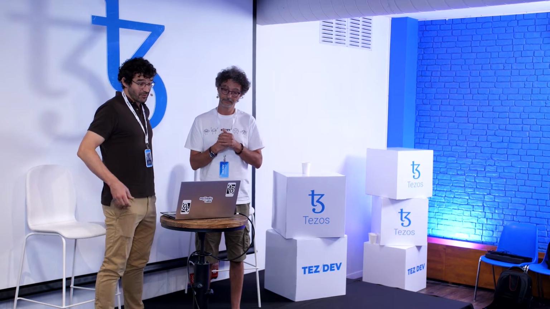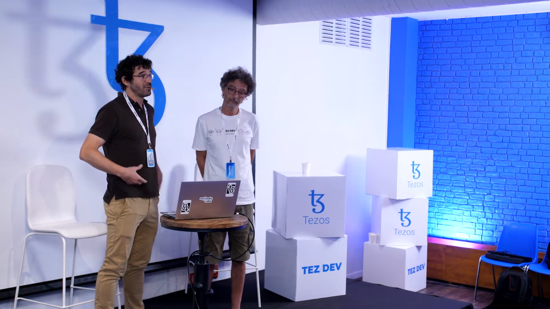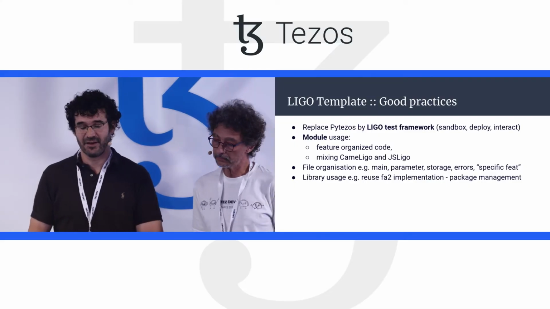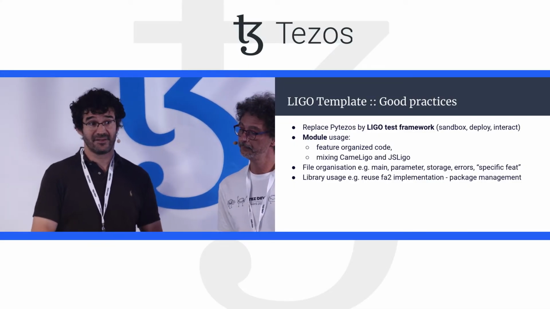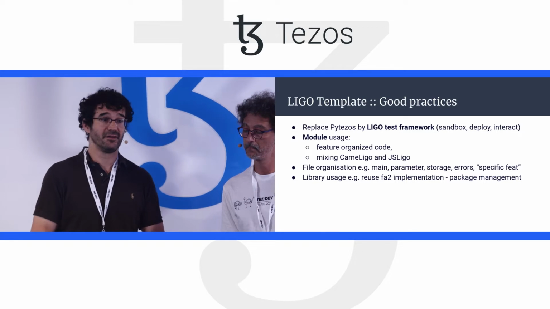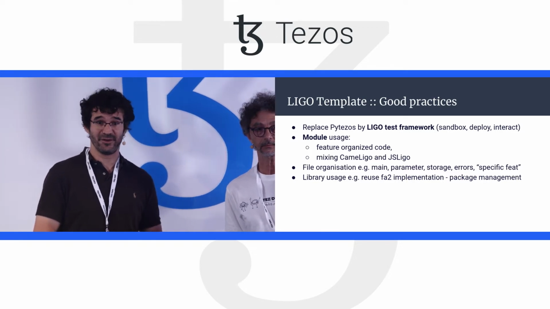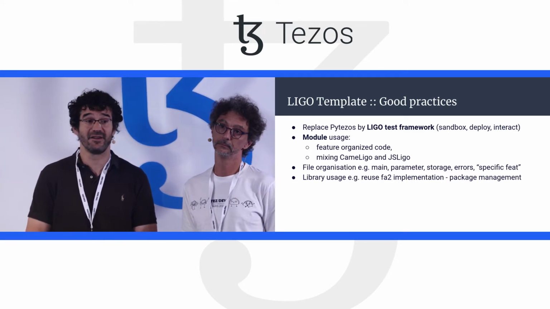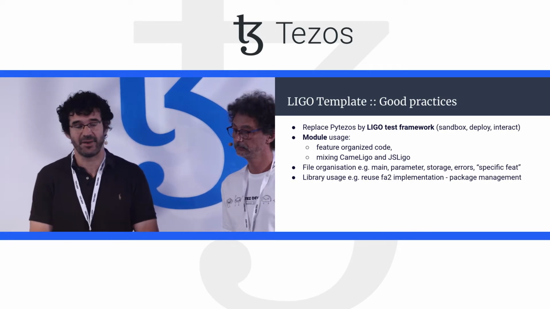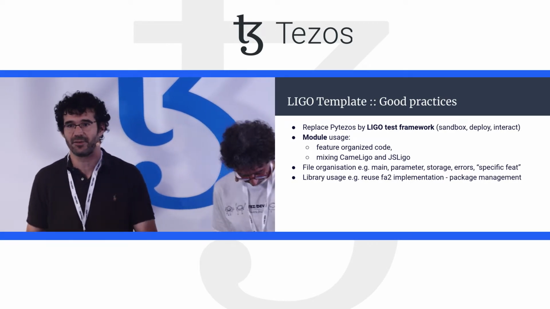One of the other good practices that we want to introduce is the LIGO test framework. We used to do all the testing with a Python library called Tezos, most of the developers.